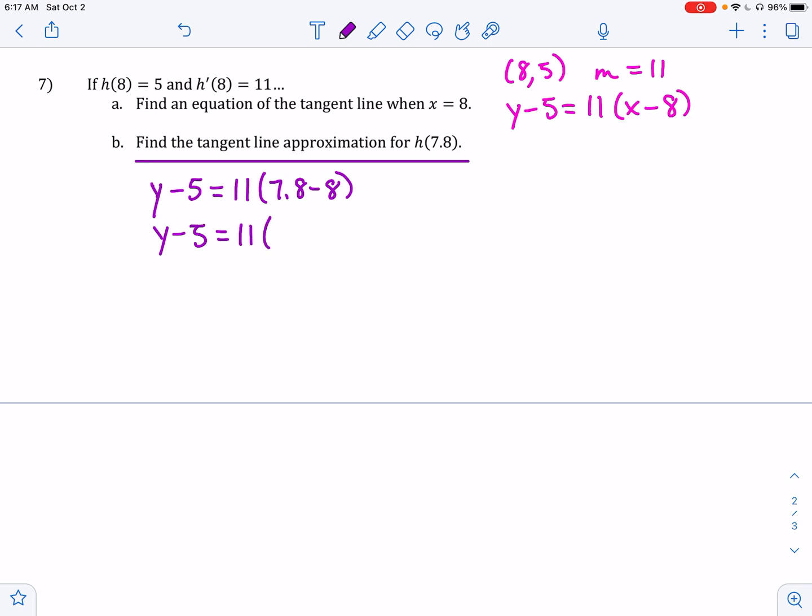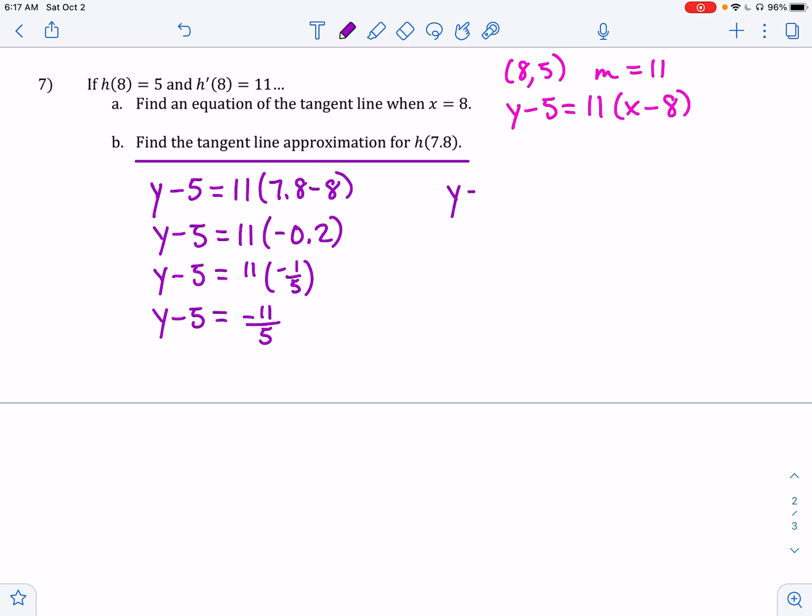So when I plug that in, 7.8 minus 8 is negative 0.2, or negative 2/10, right? So this is like saying 11 times negative 2/10, or negative 1/5. So negative 11/5.